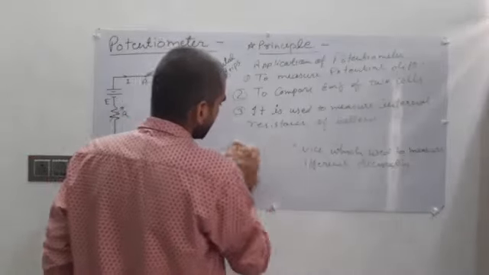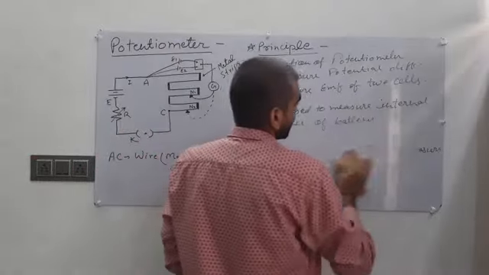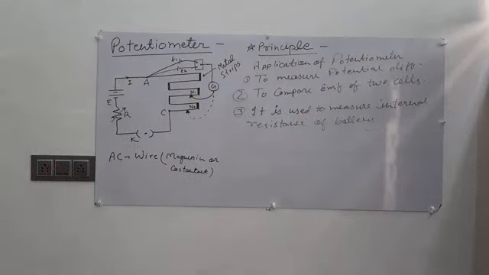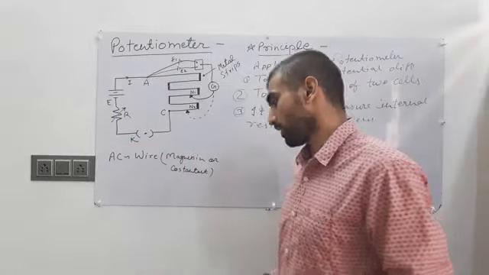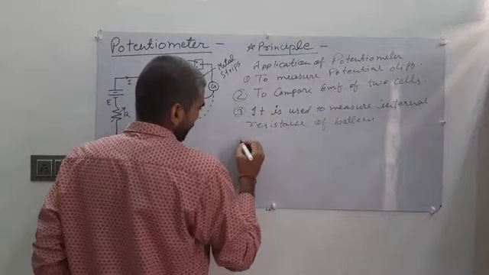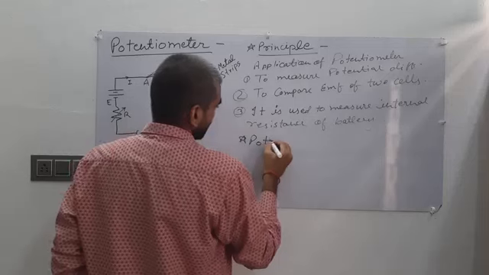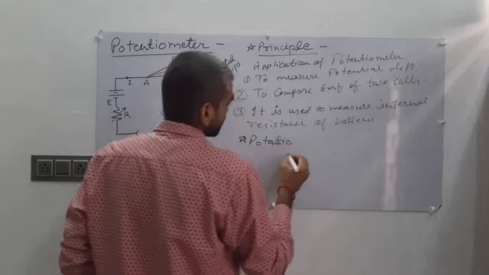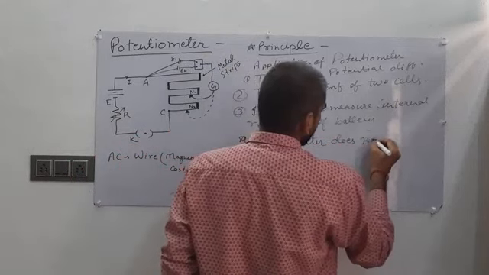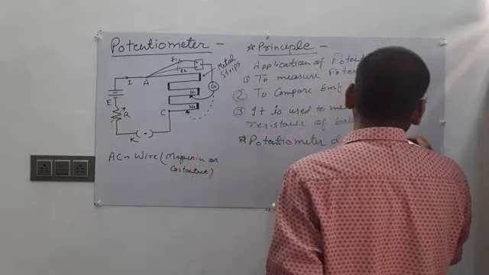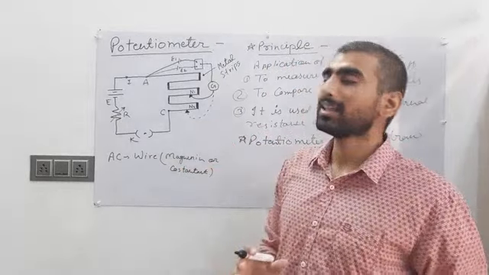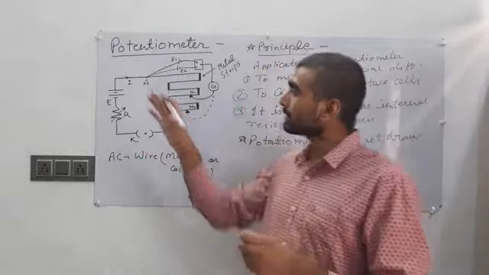Now there is one more point, which says that a potentiometer does not draw any current from its circuit. That means here the current is constant, there is no loss of current in this circuit.